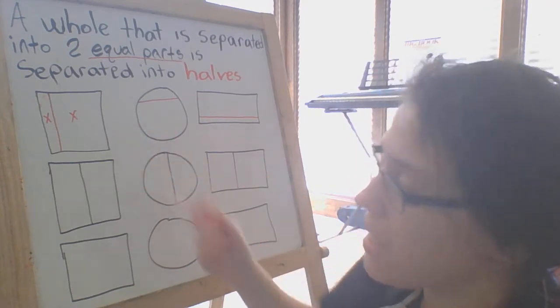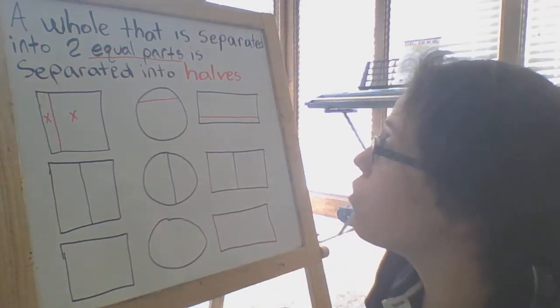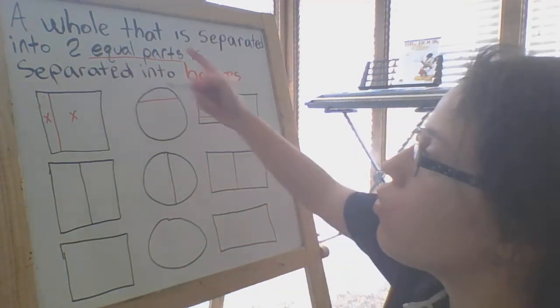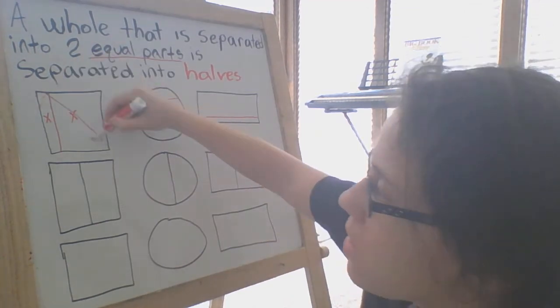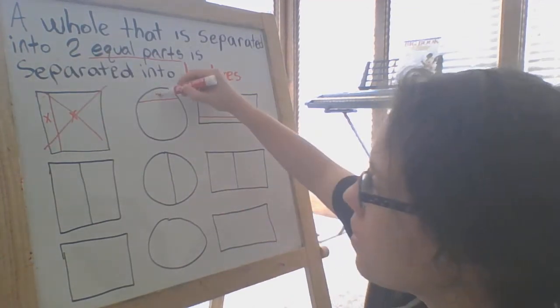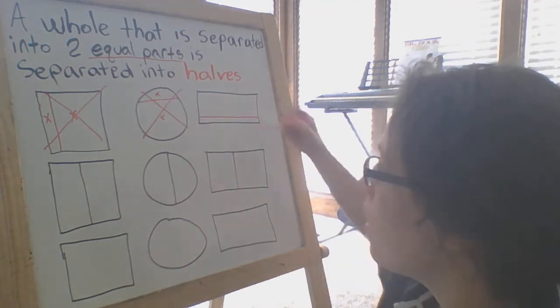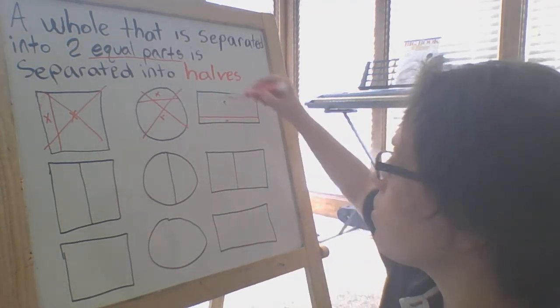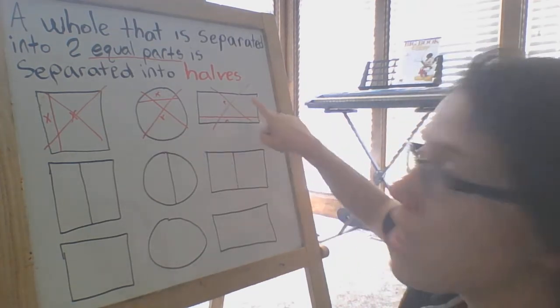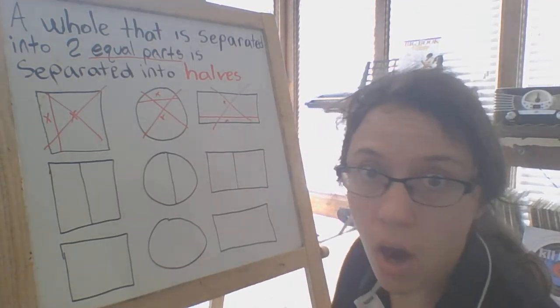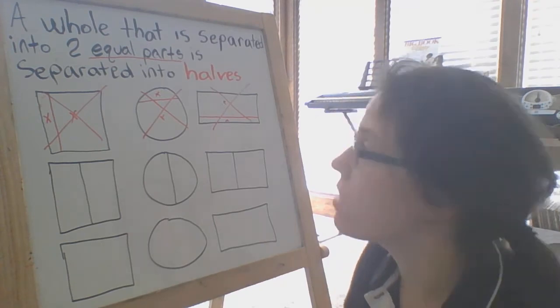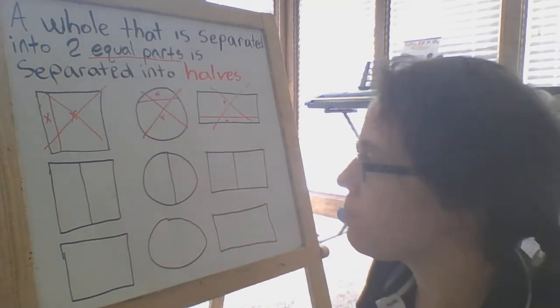So when we look at this, yes, it is separated into two parts, but it needs to be two equal parts. So this is not split into half. These two parts are not equal, so they are not split into half. These two parts are not equal, so they are not split in half. So none of these three examples are separated into halves because those parts are not equal.